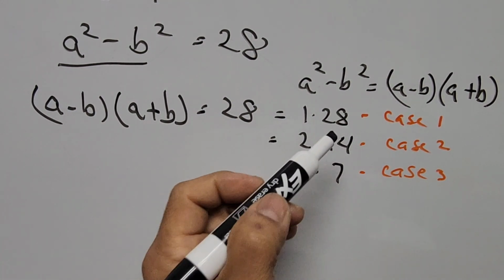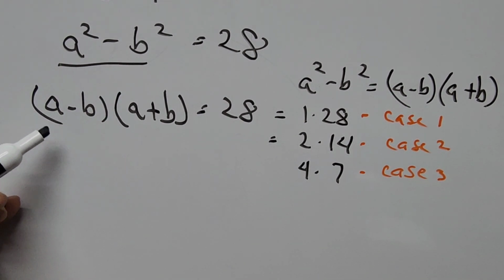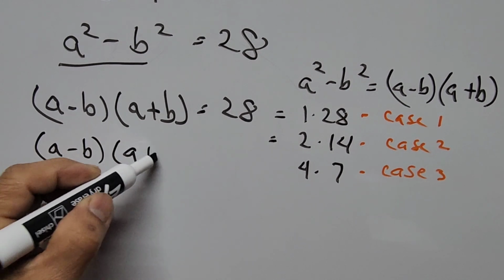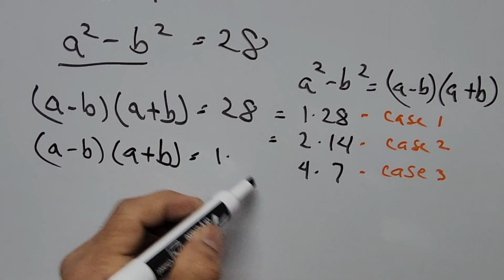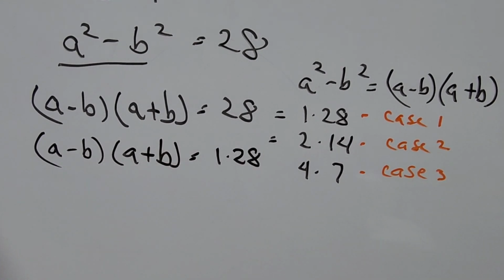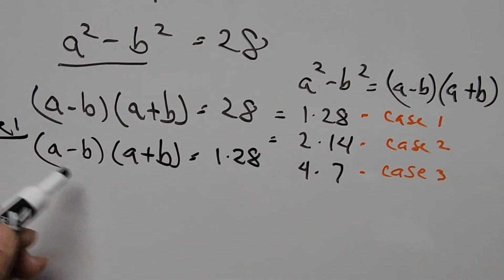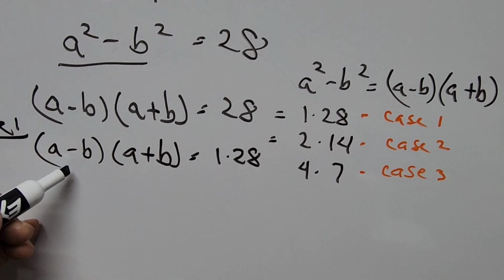So we'll be applying these factors of 28 to the left-hand side of our equation. So a minus b times the quantity a plus b equals 1 times 28. This is our case 1. Solving for a and b, we can say that a minus b is less than a plus b, absolutely, right?